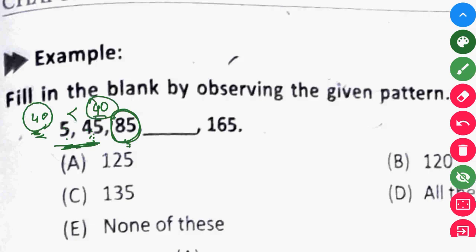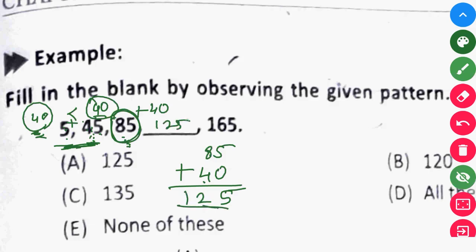So we have to add 40 to each successive number to get the next number. So we add 40 to 85 to get the missing number. 85 plus 40: 5 plus 0 is 5, and 8 plus 4 is 12, so 125.